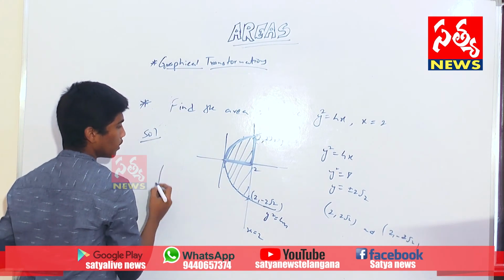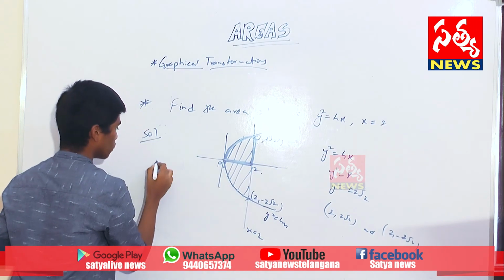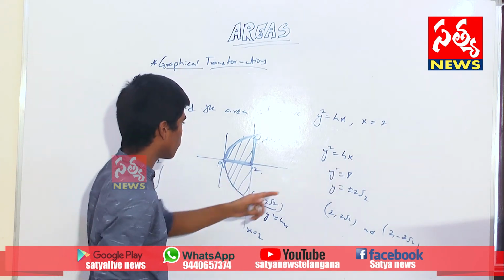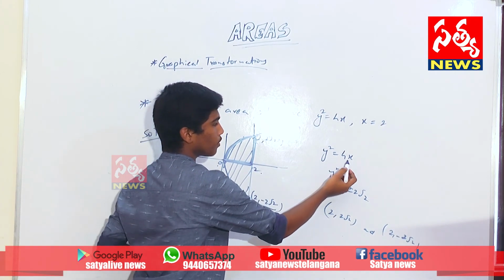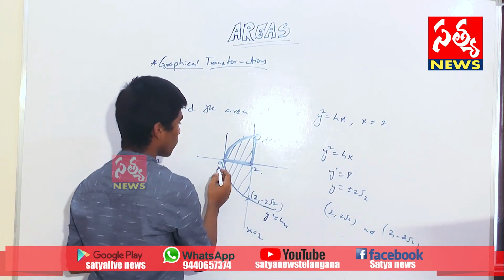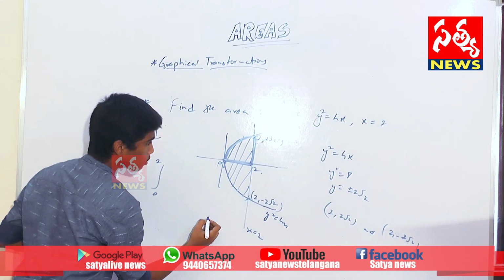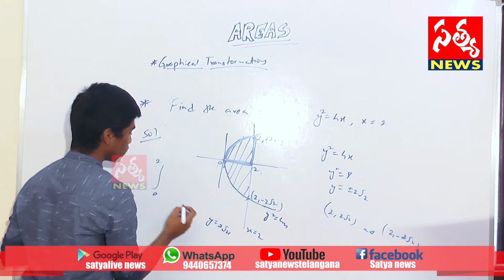So I am now finding only this part, which is integration from 0 to 2. What is it? y square equals 4x. We have to write in terms of x, as we are taking the limits in terms of x. So y is equal to 2 root x is our function.